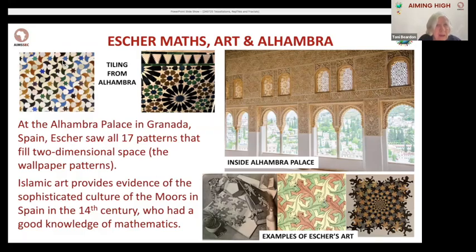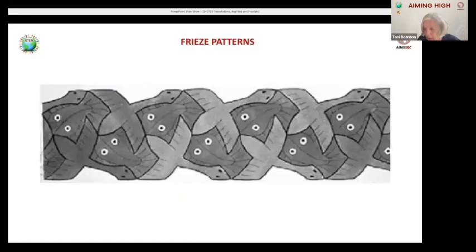And you can see again, this is another tiling of different shapes. And in this wall and the arches and around the windows, you can see lots of art. We'll see some more. So we've got a different kind of feature here where these are frieze patterns.